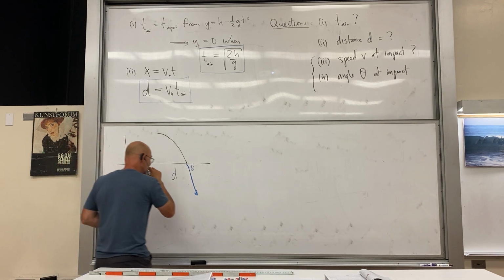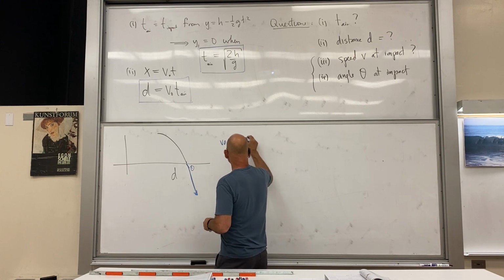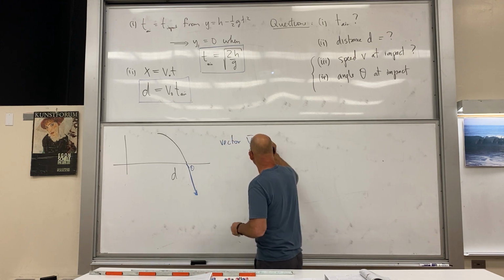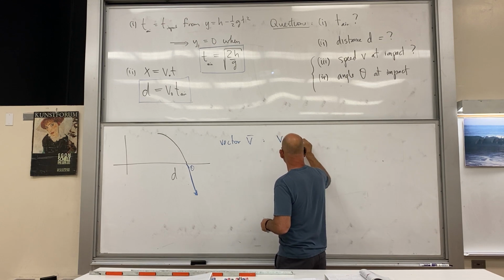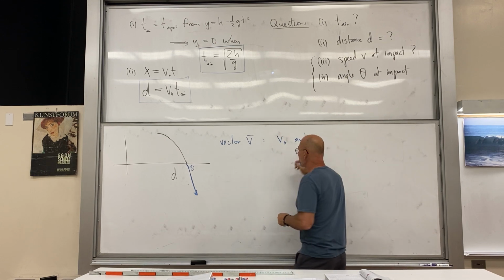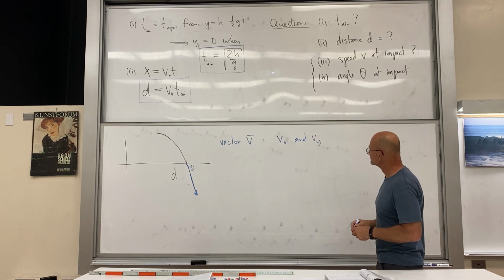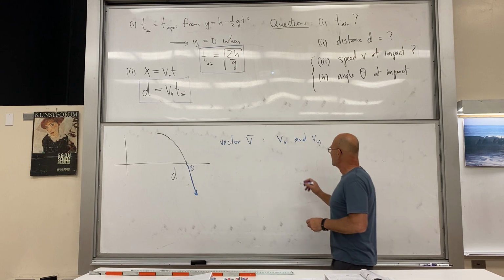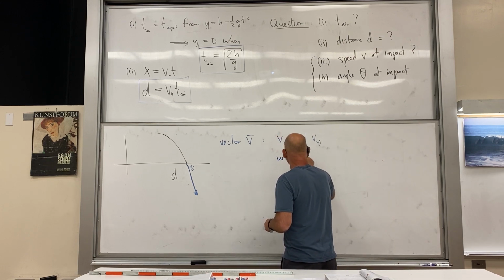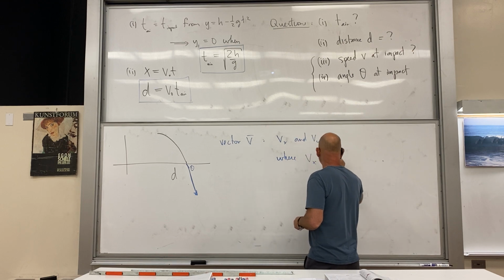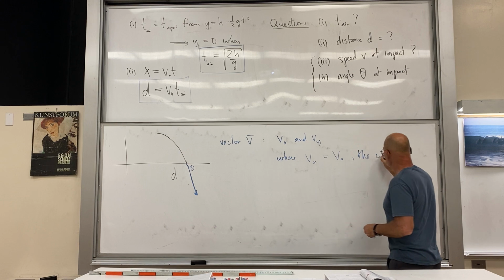And we have this vector v, with vx and v sub y. So the velocity now has two components, where v sub x is just v0, the original speed.